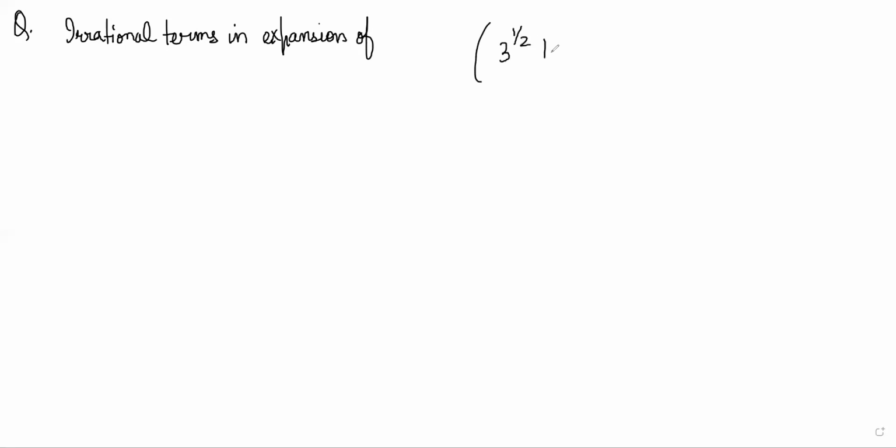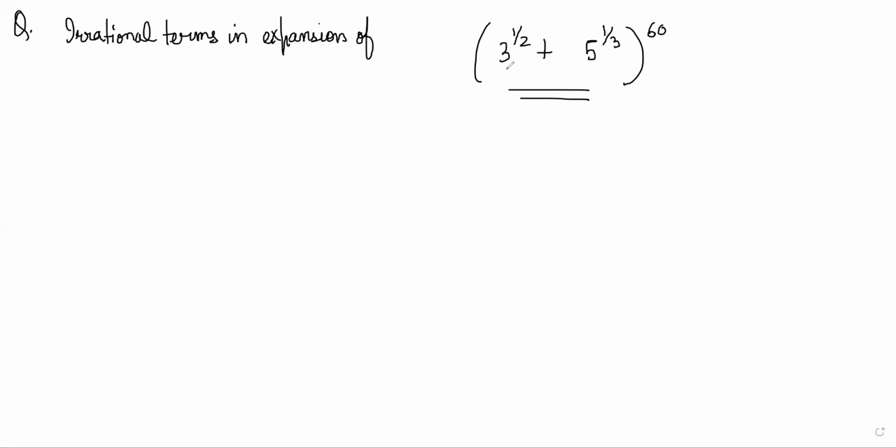Number of irrational terms in the expansion of 3 power half plus 5 power 1 by 3, all power 60, right? Okay.